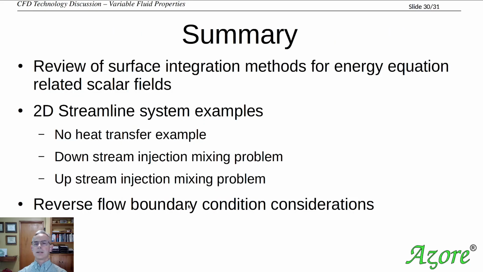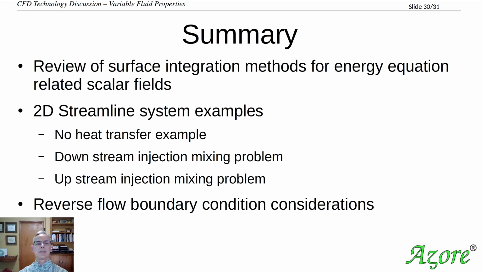So that concludes all of the technical content here. We reviewed surface integration methods, and we talked about an integration technique that can be used that reports temperature values that honor conservation of energy. We've looked at a number of 2D streamlined systems. We've looked at no heat transfer.